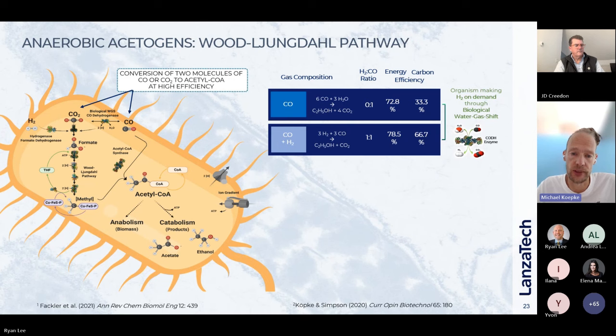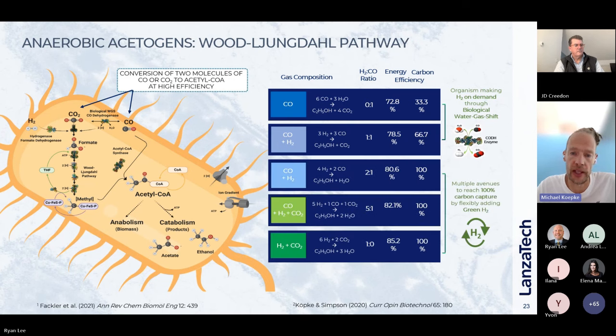But then if you click once further, I think once you add hydrogen into the process, you can really achieve 100% carbon capture, all the way to using CO2 and hydrogen. So I think that flexibility of the organism to use CO, but also use hydrogen and CO2 is really important. It enables it to use a diverse range of different feedstocks.